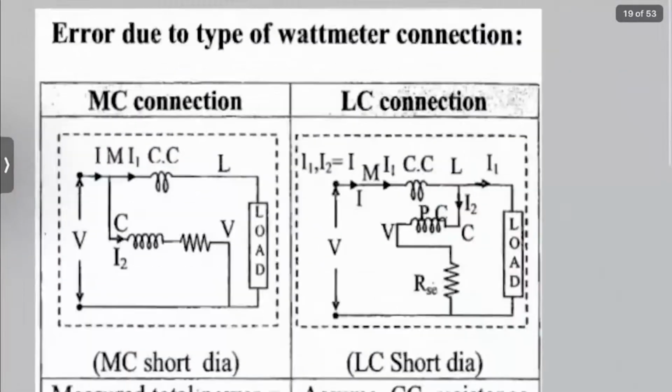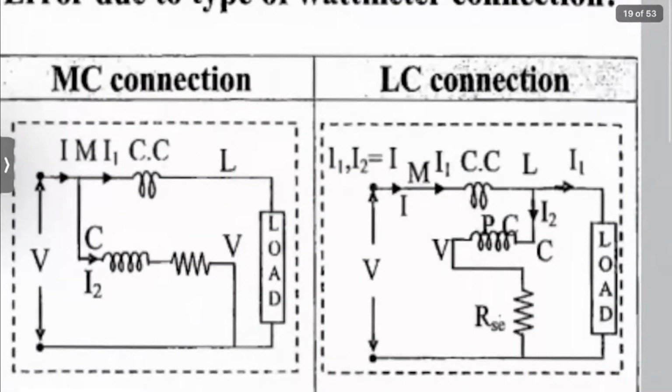Wattmeter is used for measurement of power. In that wattmeter, two coils are there: fixed coil or current coil, and moving coil or pressure coil. There are two possibilities of connections in a wattmeter.